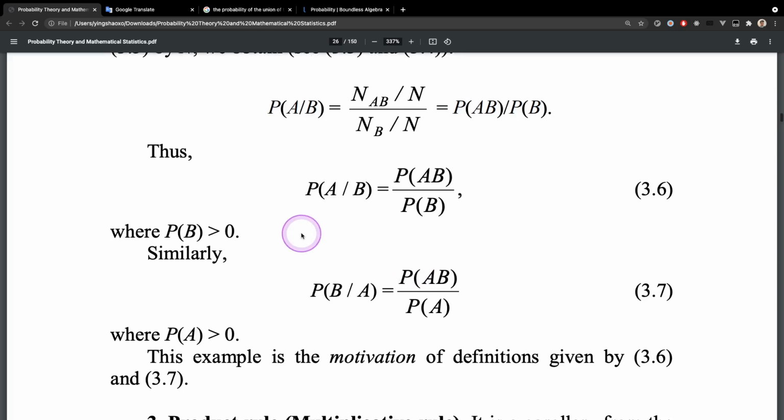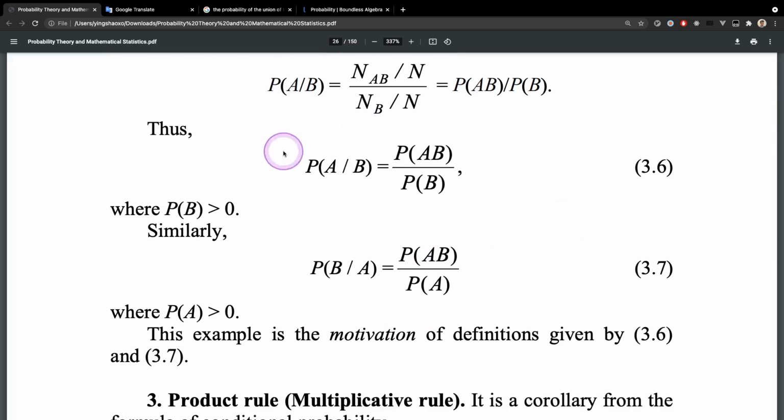Okay, so basically when you look at this, you will realize it's not that hard as long as you get the idea. When you see this stuff, you would say, oh, this means the probability of A when B occurs, because we divided it by B. And for this one, it's the probability of B when A occurs, because we divided the whole stuff by the probability of A. That's the reason.